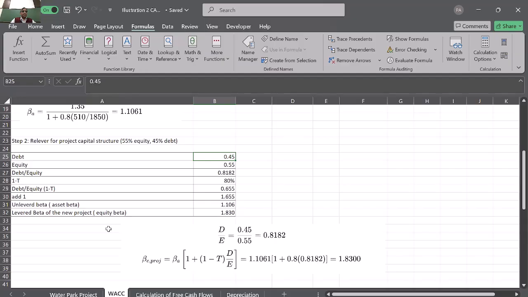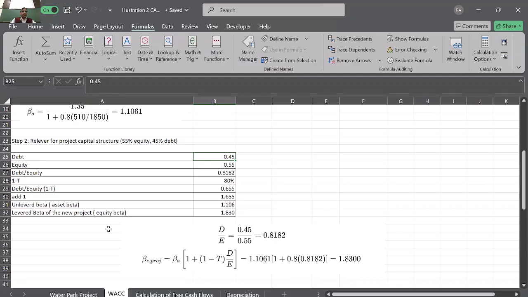Again, I'm going to explain the process. First, we were given the equity beta, or levered beta, of the competitor. The levered beta means the type of business plus the operating leverage plus debt. Unlevered beta is nothing but the type of business and the operating leverage.